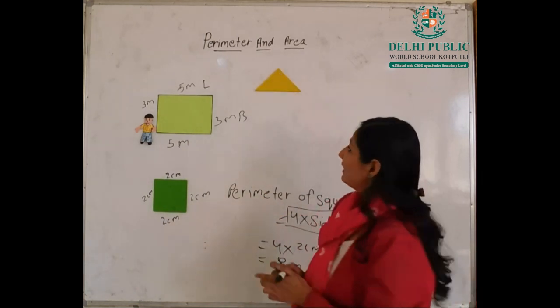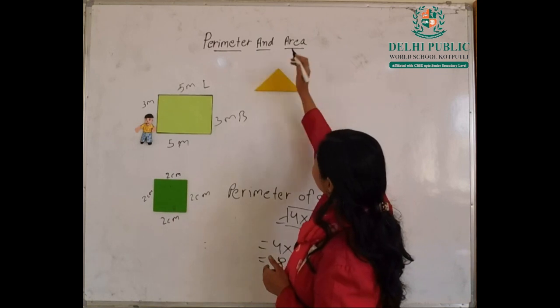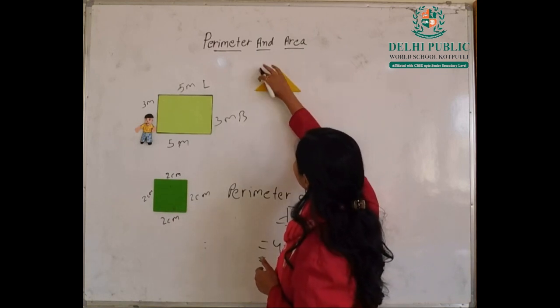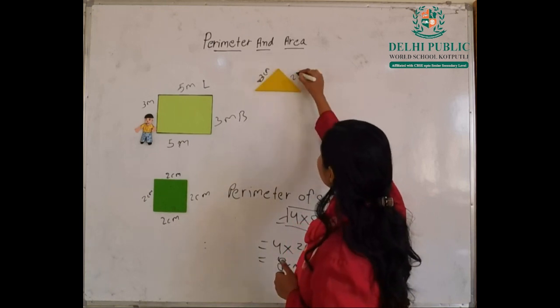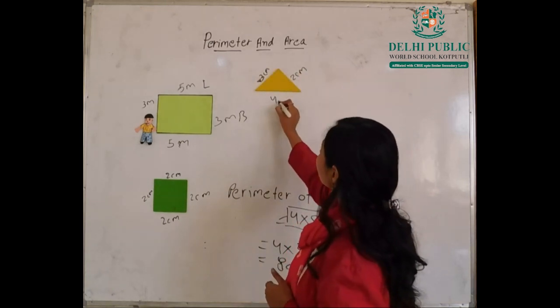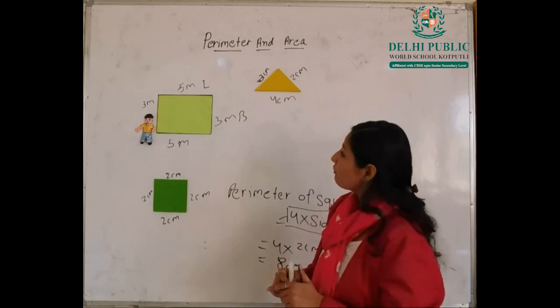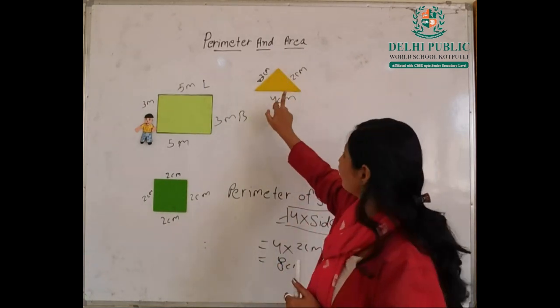So let's assume that this side is 3 centimeter, this side is 2 centimeter, and this side is 4 centimeter. So we have different sides in this triangle.